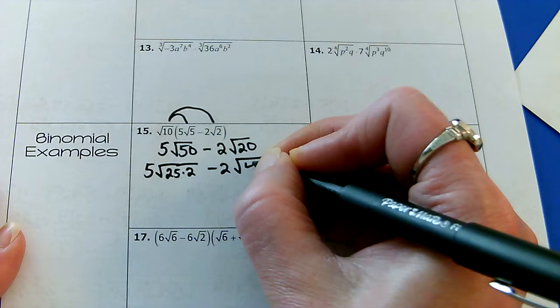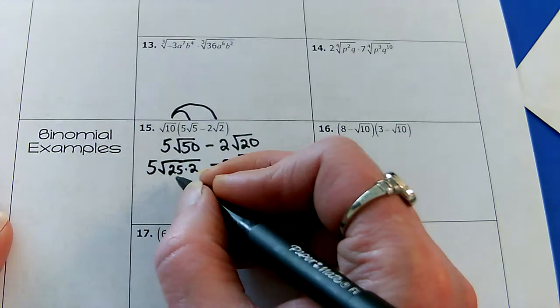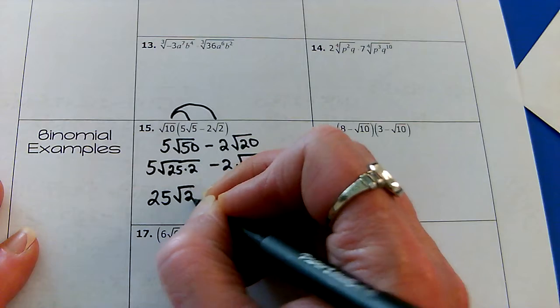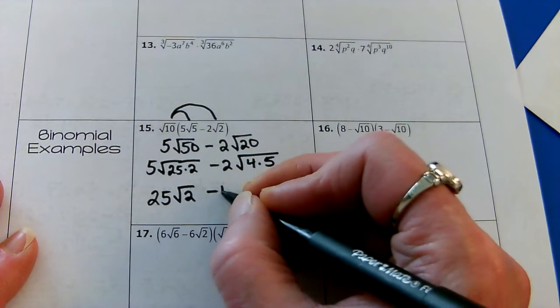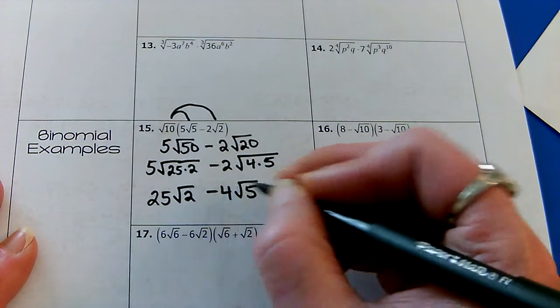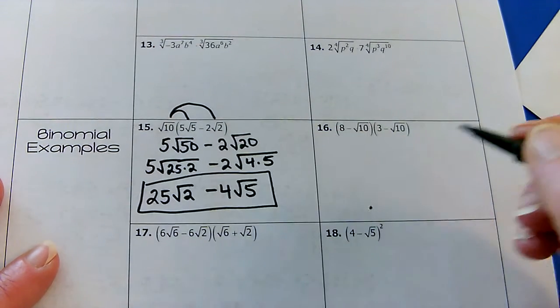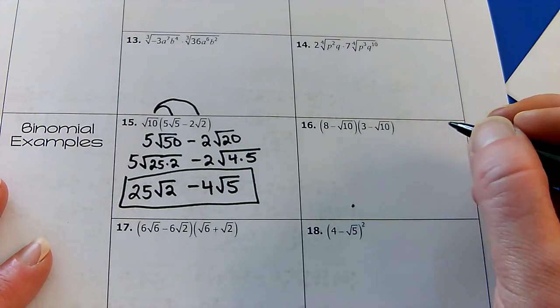And this is 4 times 5. Square root of 25 is 5. Square root of 4 is 2. Now, if these were like terms, I would combine my like terms. But since they're not, I'm just going to leave it.